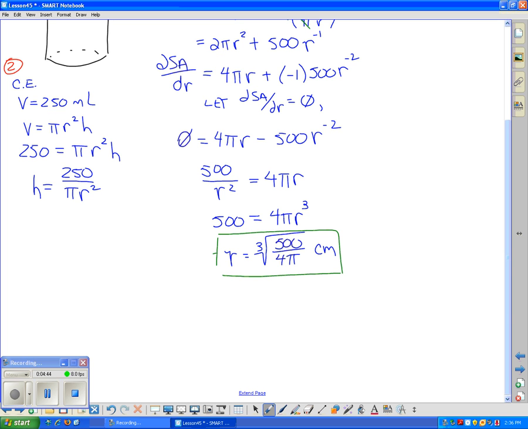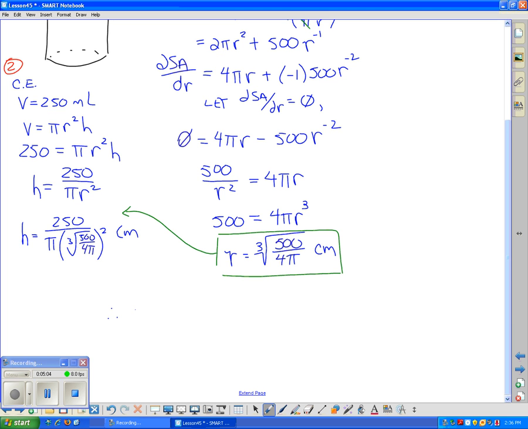How do I find the height? I return over here to my constraint equation. Height is equal to 250 over pi multiplied by the cube root of 500 over 4 pi, squared, centimeters.